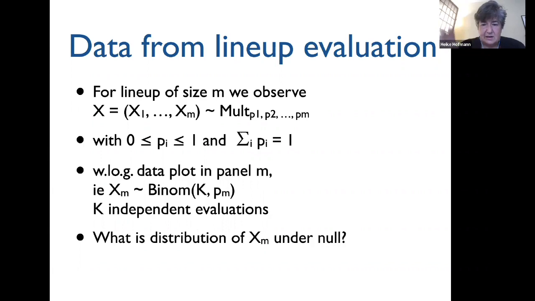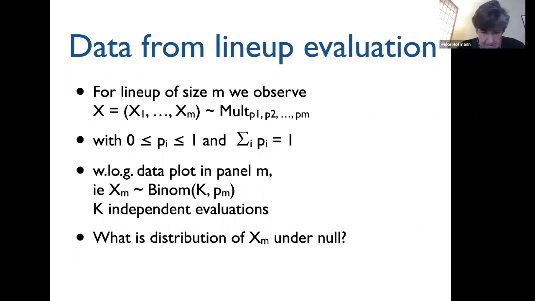That means that the overall probabilities sum up to 1, so they live on a simplex. And without loss of generality, we'll just assume that the last plot in the panel was the data plot. So p_m would be the probability that somebody picks the data plot when being shown this lineup.